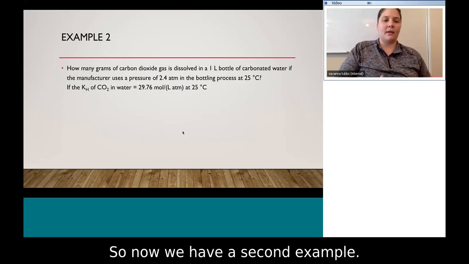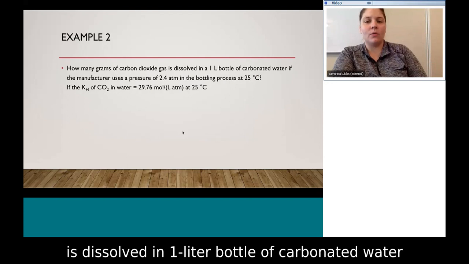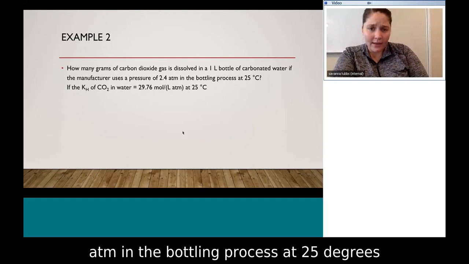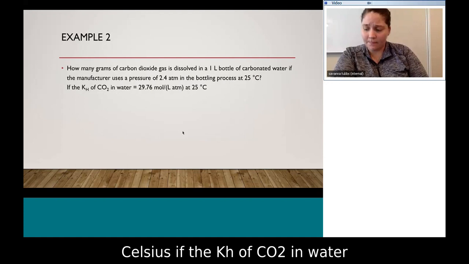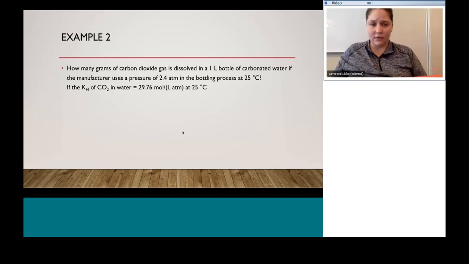So now we have a second example. This one says, how many grams of carbon dioxide gas is dissolved in a 1 liter bottle of carbonated water if the manufacturer uses a pressure of 2.4 atm in the bottling process at 25 degrees Celsius, if the KH of CO2 in water is 29.76 moles per liter times atm at 25 degrees Celsius.